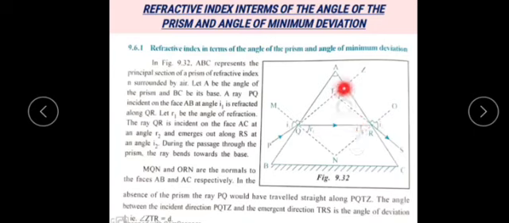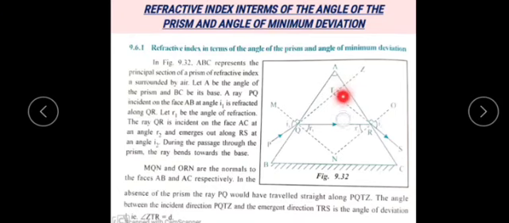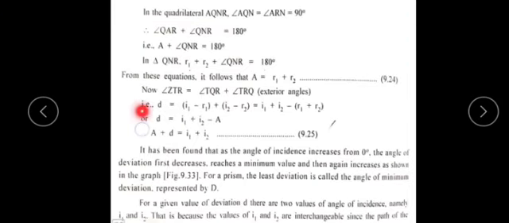Hence, the external angle D is equal to I1 minus R1 plus I2 minus R2. Here, angle ZTR is nothing but the angle of deviation, that is D. So D is equal to angle TQR plus angle TRQ.